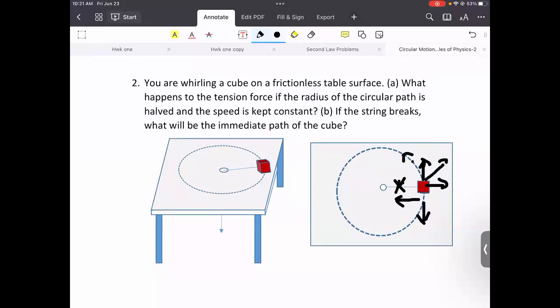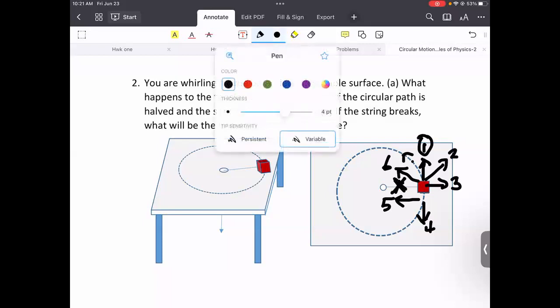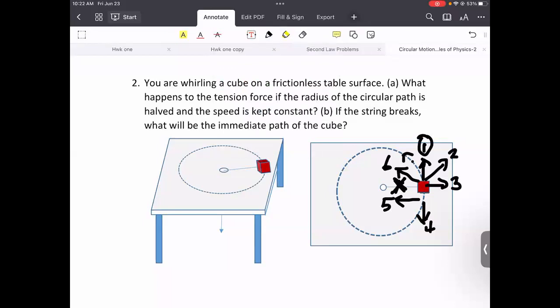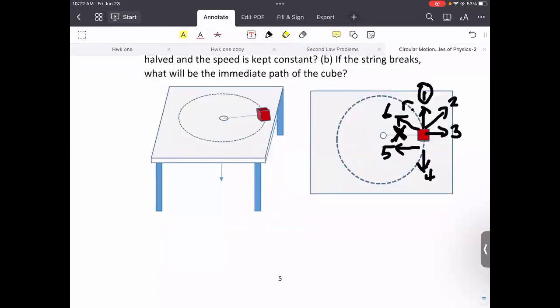Let's assume that this is option 1, option 2, option 3, option 4, option 5, option 6. Where will the ball go? What's the immediate path? Imagine that the string breaks whilst you are spinning the cube. Where will the cube go? So that is your exercise to think about.